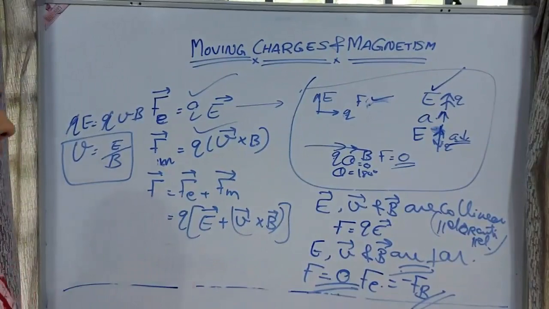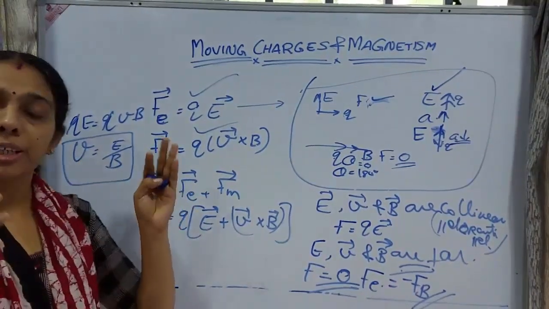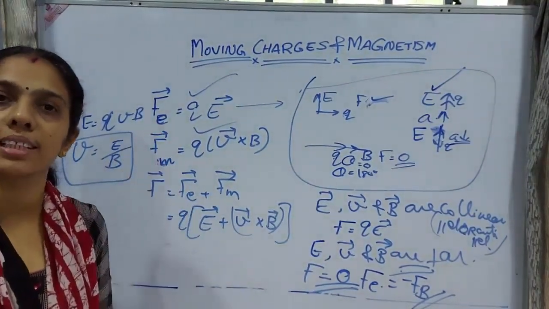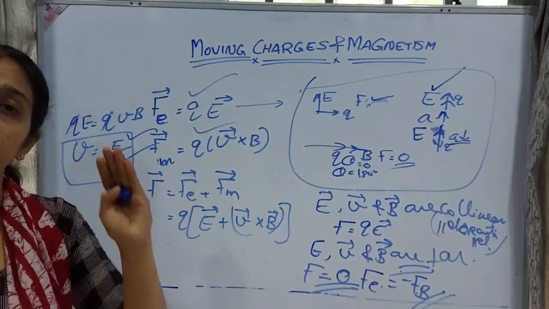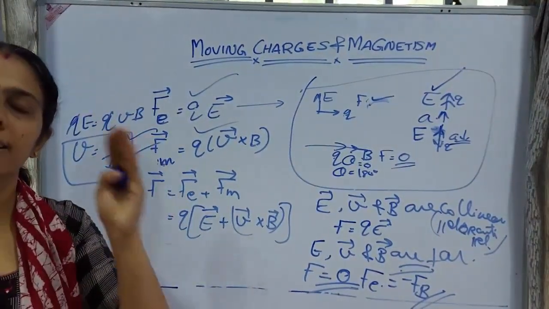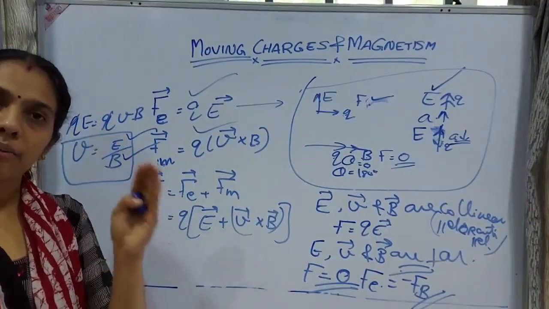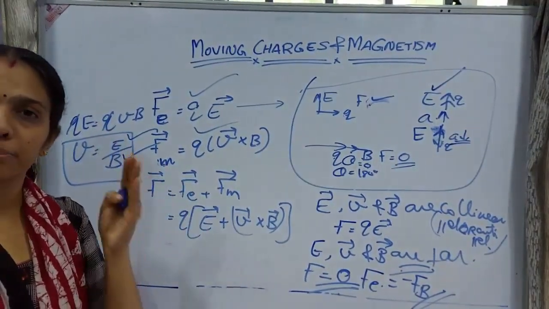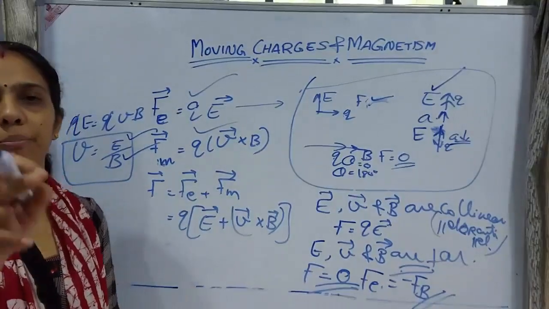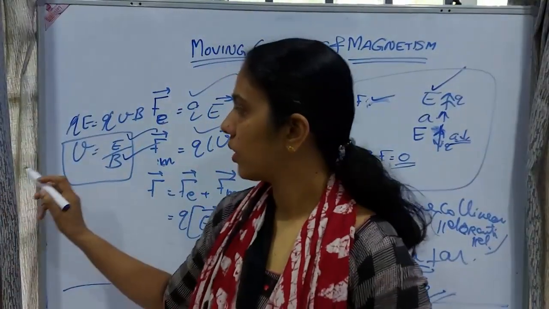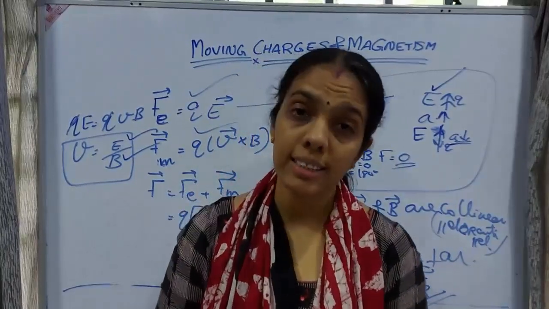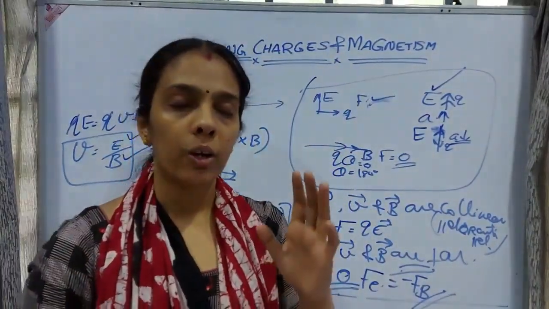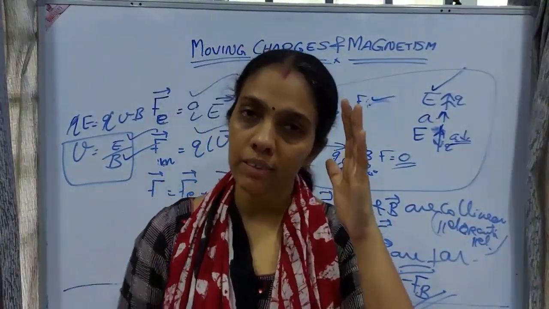We can find a particular desired velocity by changing the values of E and B. That is called a velocity selector or velocity filter.